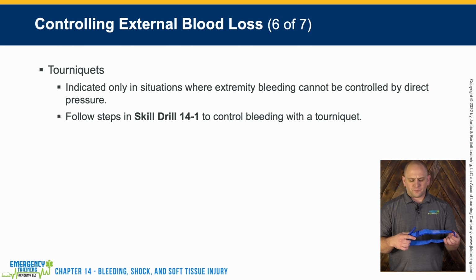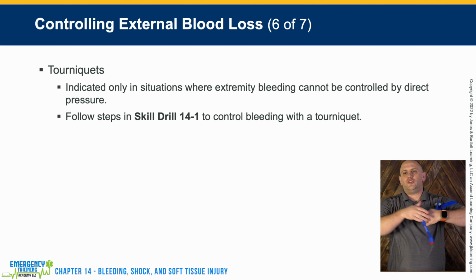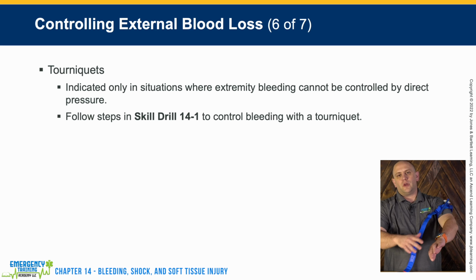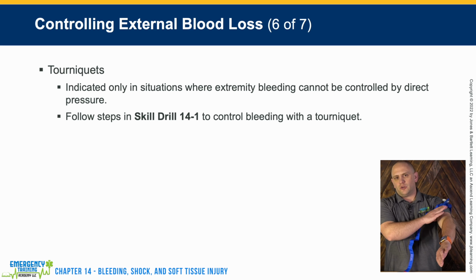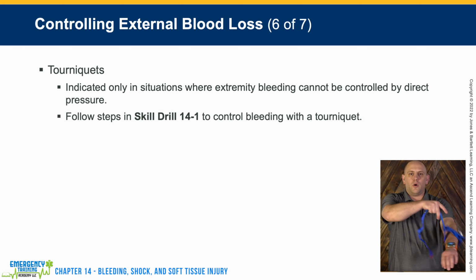But first, when applying a tourniquet, we want to make sure that we go about 2 to 3 inches above the wound. If you can't tell where the wound is because of clothing or something else, try and clear that clothing away. Make sure that we're just going 2 to 3 inches above. You can place tourniquets on the lower arm.